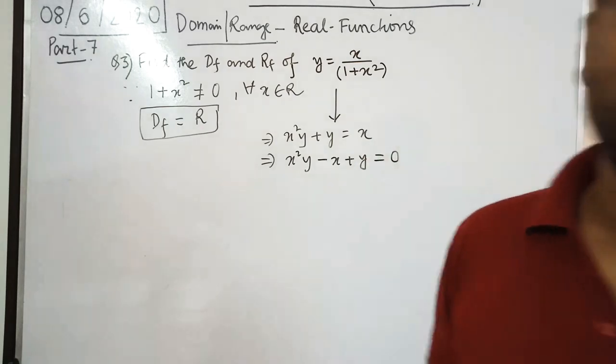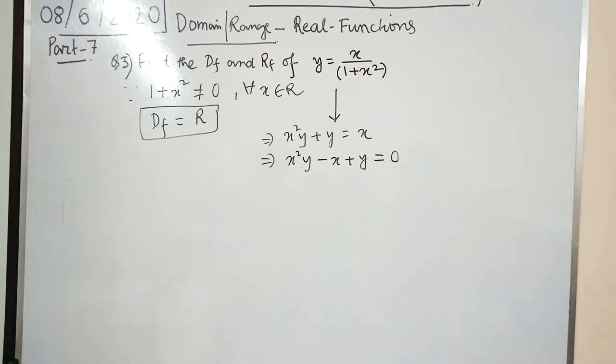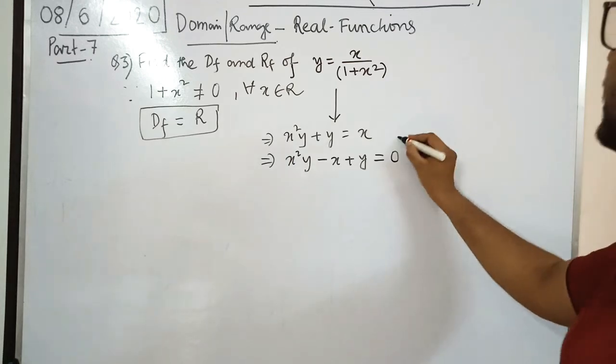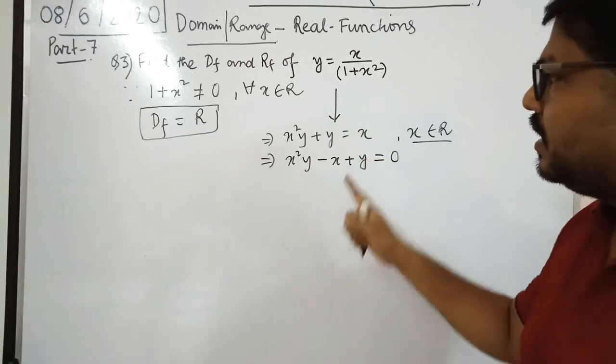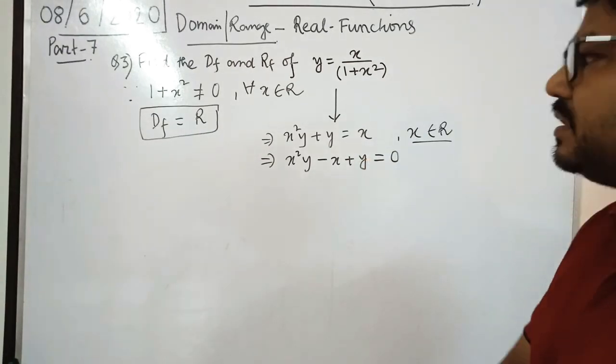So this is the thing. Now see, you have to study the discriminant. Why the discriminant? Because since we know that x belongs to real numbers, this is a quadratic equation with real roots.